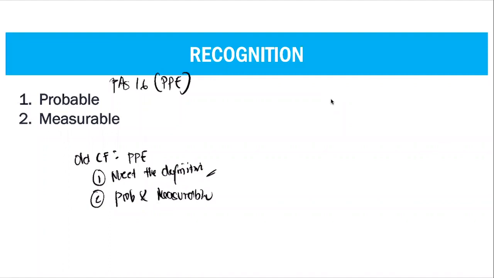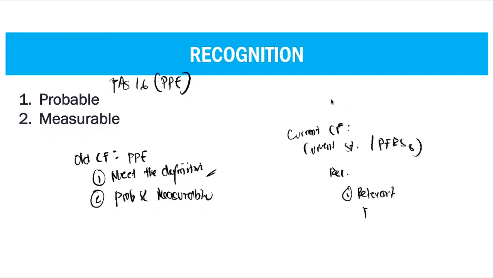But now, in our current conceptual framework, especially with our current standards, yung mga current standards na natin, yung PFRSs, nagbago yung recognition nila. So what is the recognition now? It must be relevant and faithfully represented. Actually, papasok din sa faithfully represented yan at saka relevancy based on the definition. Okay, sa faithful representation, papasok doon yung measurement na rin natin.